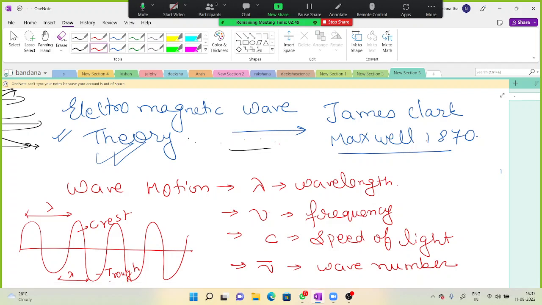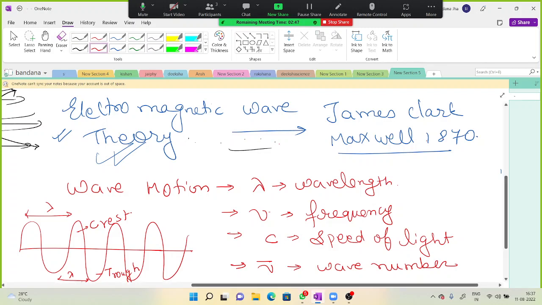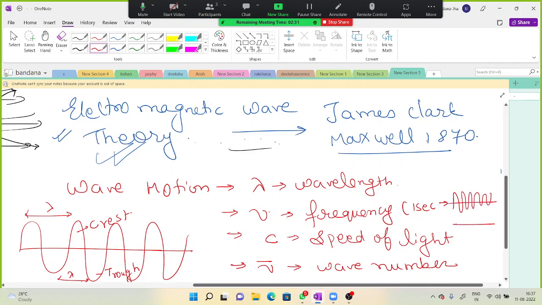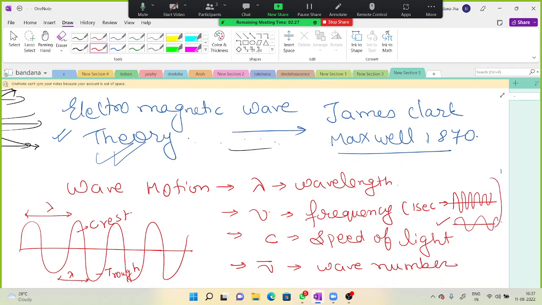Frequency is how many waves pass in 1 second. If there are many waves, it has a high frequency; if the wave is stretched out like this, it has a low frequency.